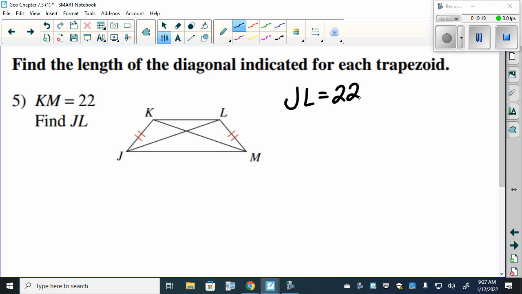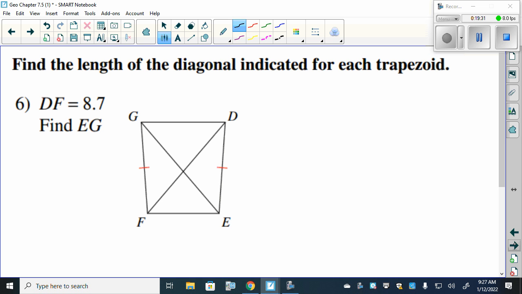Because the diagonals are congruent. If it's isosceles, the diagonals are congruent. One of them is 22, so the other has to be 22 as well. DF is 8.7. So GE or EG is 8.7. That's it.